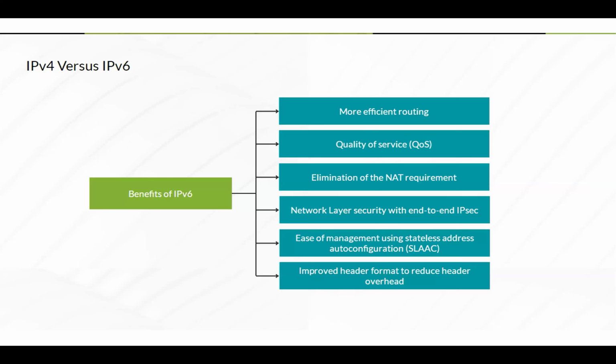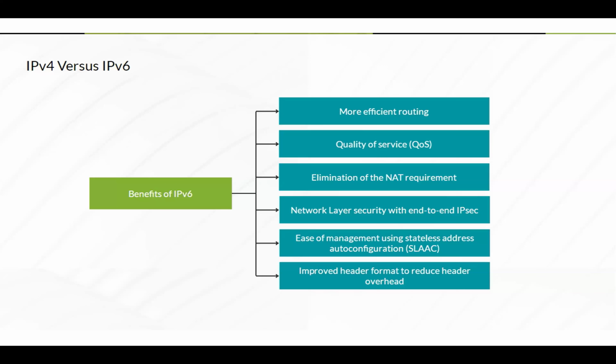And network layer security, IPsec, is built into IPv6. Ease of management using stateless address auto configuration. The auto configuration feature is available in IPv6. And the first and very most important thing is the improved header format and reduced header overhead in IPv6.